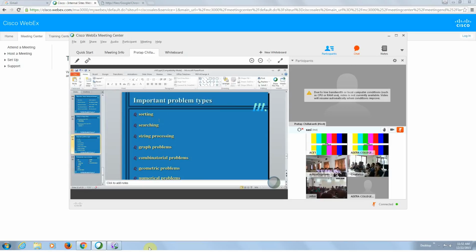In the very first class, if you recall, I gave you an example: list 3 to 5 algorithms for sorting, and some of you have submitted that. Same thing for search. I call this your toolkit. If you know these algorithms, depending on the context of the problem, you can apply one of those algorithms and then solve the problem efficiently.